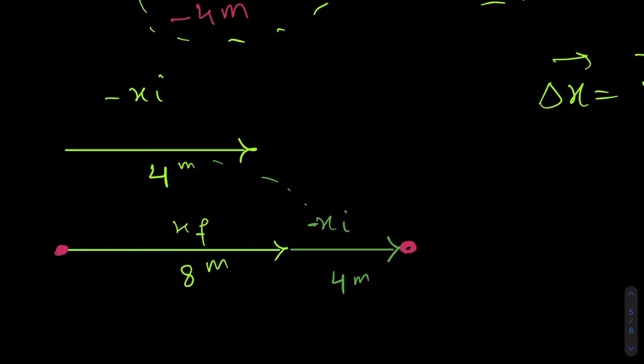So if I draw from the tail to the head, then I will get this colorful pink vector, which is my displacement vector. The direction is to the right, and the magnitude is 12 meters.